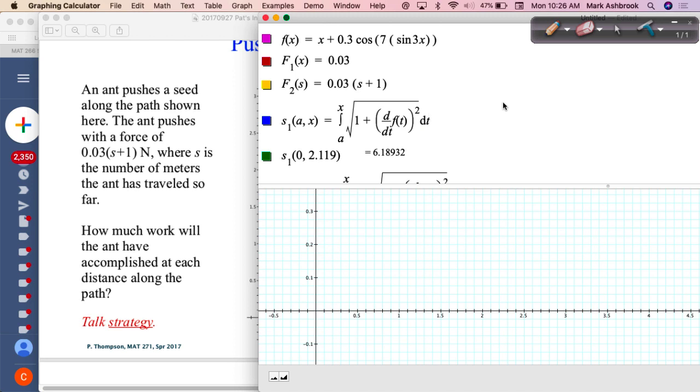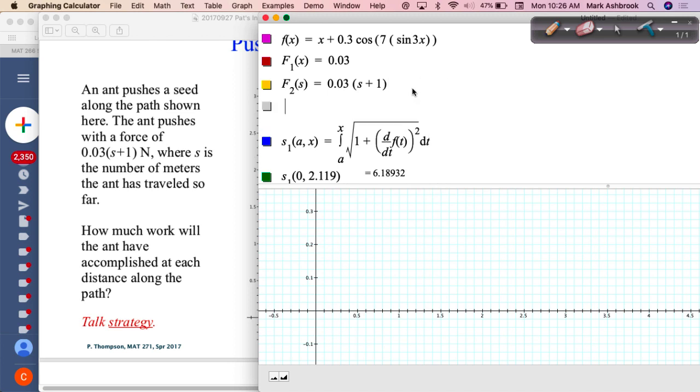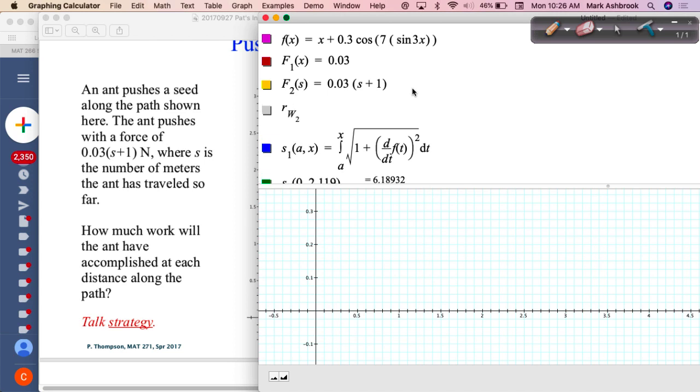So this time, let's actually come up with a rate function, okay? I want the rate of change of work for our second scenario. So rate of change of work 2 as a function of, I want a function of x. I want my rate of change to be a function of x.